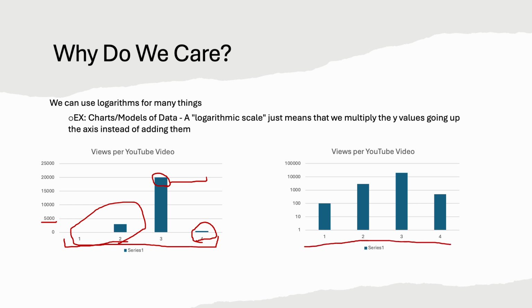So this is the same graph, but we're going to use a logarithmic scale. And what that means is with every jump up on the y-axis, we're multiplying by 10. You can also think of that as moving up one log value with each step on the y-axis. So this has a log value that's equal to 1, right?